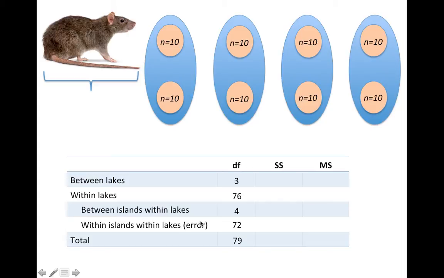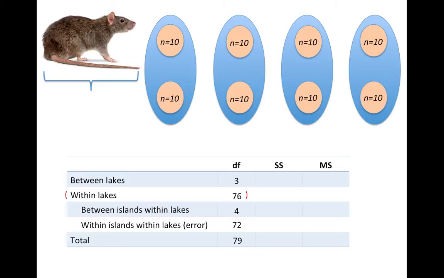That is our random variation. Our variation that is not explained by our variables lakes and islands. And this within component you rarely have to write out, but it's good to do it here just for exercise.